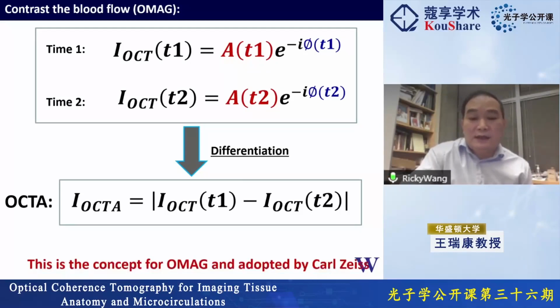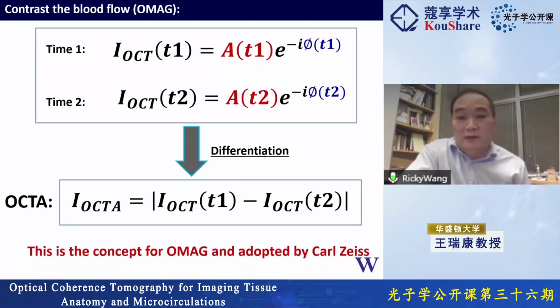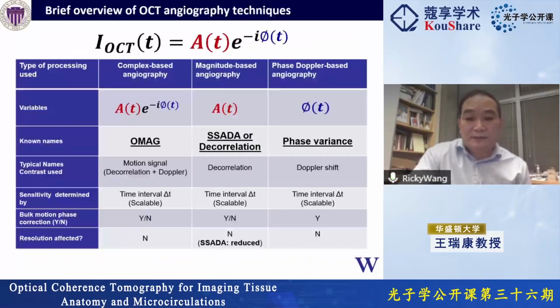This concept is the so-called OMAG, optical microangiography. Basically, it uses OCT to contrast the blood flow within living biological tissue. This concept has been adopted by Carl Zeiss, commercialized, and FDA approved.